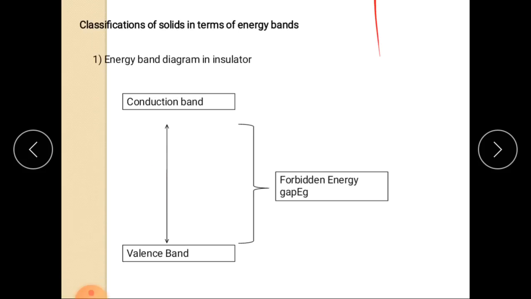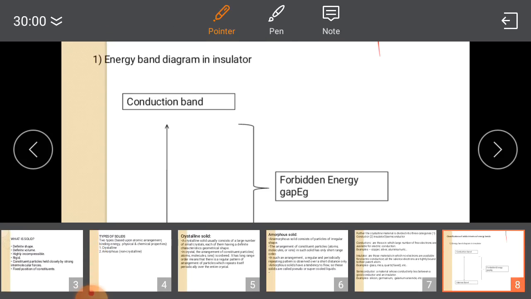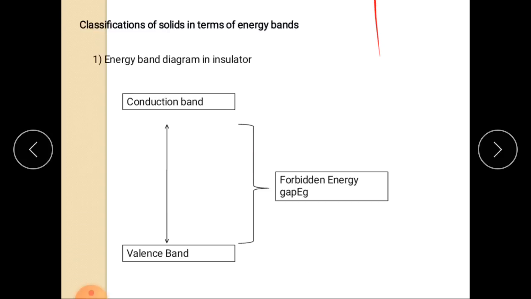So in case of an insulator, the insulator has a full valence band, as there are no conduction electrons. The valence band is fully filled and the conduction band is empty.